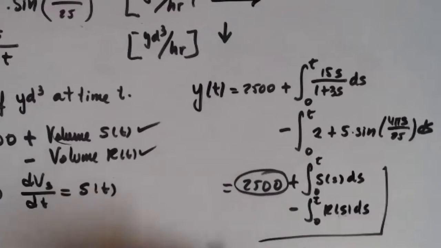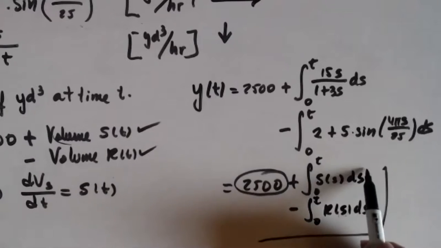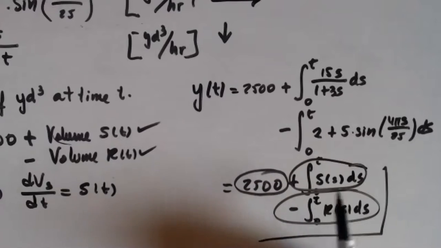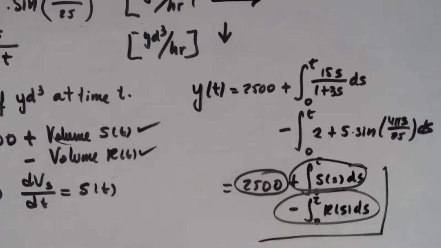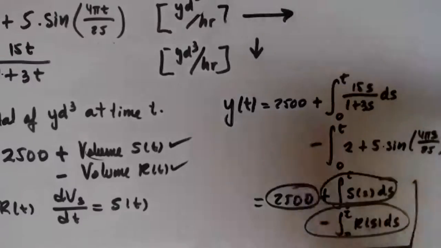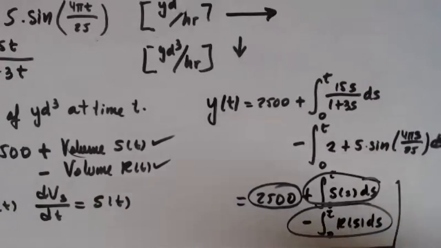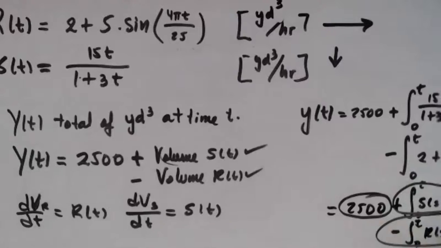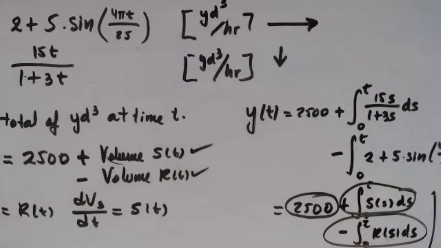I have this sand at the beginning, I'm adding this sand and I'm removing this sand. So the sand I had, plus the sand I drop, minus the sand I remove. That's the point. You're going to use these conservation principles a lot, engineers, so you have to be familiar with them. So everybody catch the idea here? The concept?